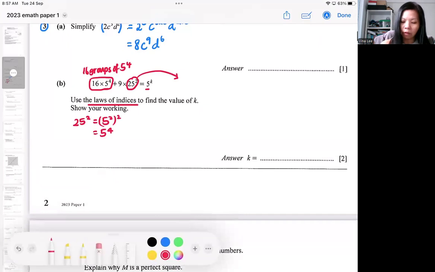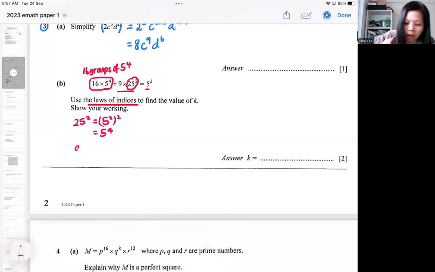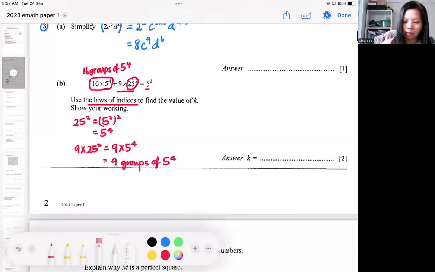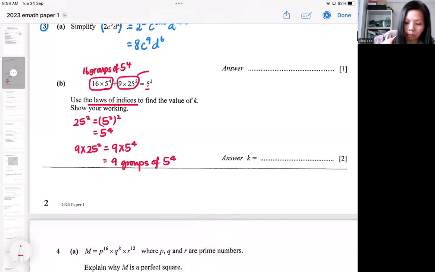Then when you've got the 5 power 4, you go back to the context here. So 9 times 25 squared is the same as 9 times 5 power 4, which is 9 groups of 5 power 4.